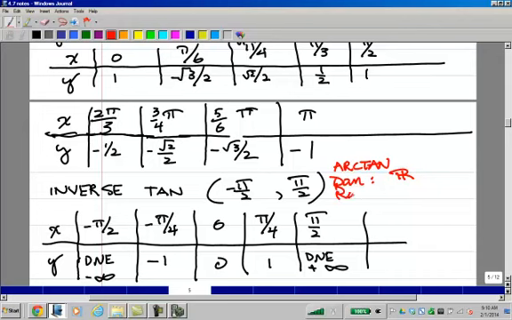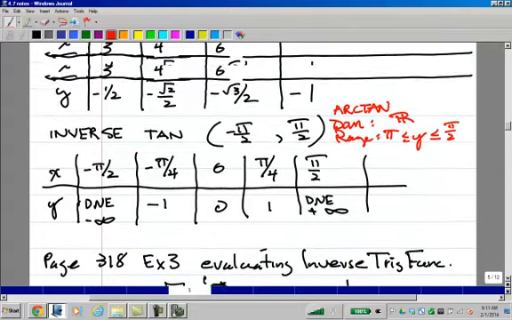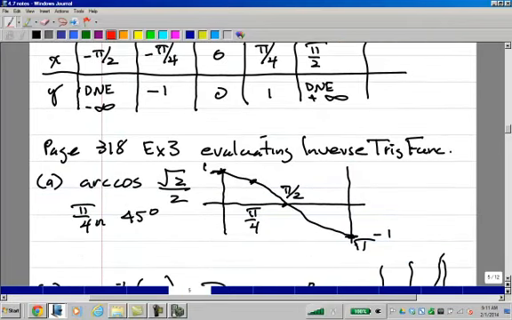The range is y is less than or equal to pi over 2 and greater than or equal to negative pi over 2. So it's in this interval that the tangent is 1 to 1. And then you can use this to make the graph or whatever.